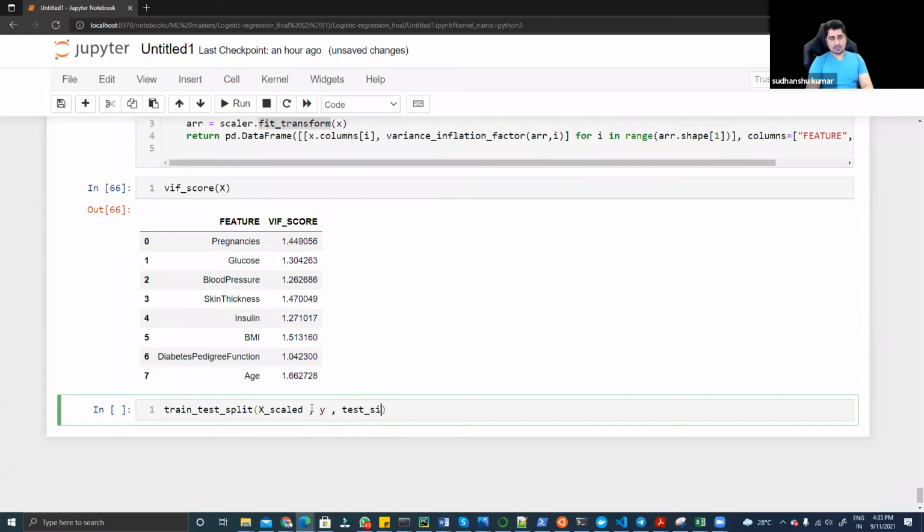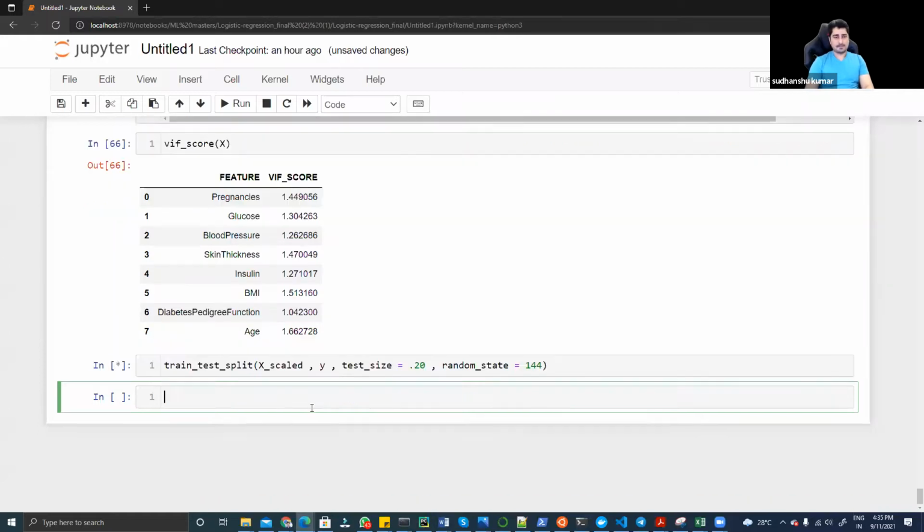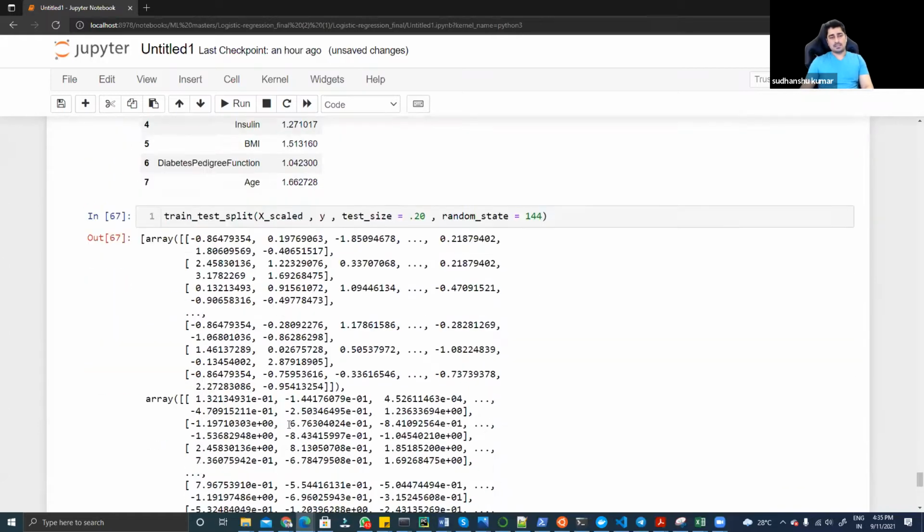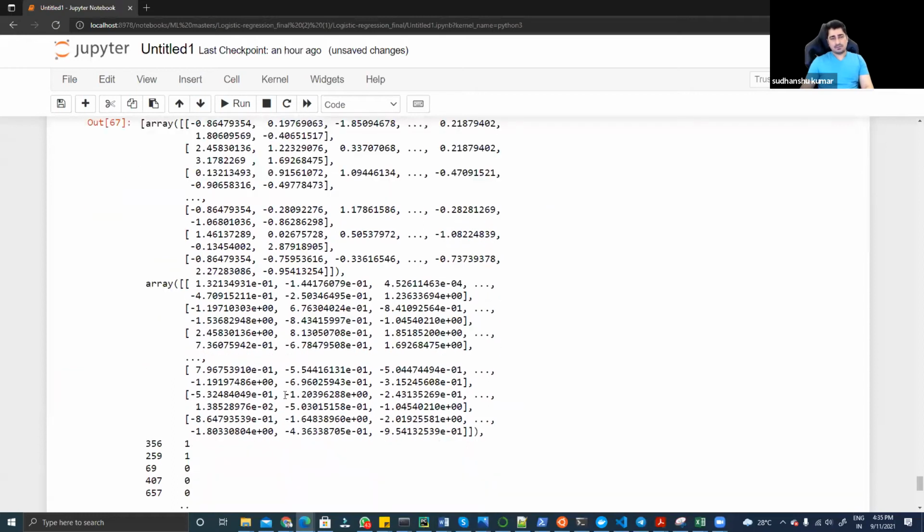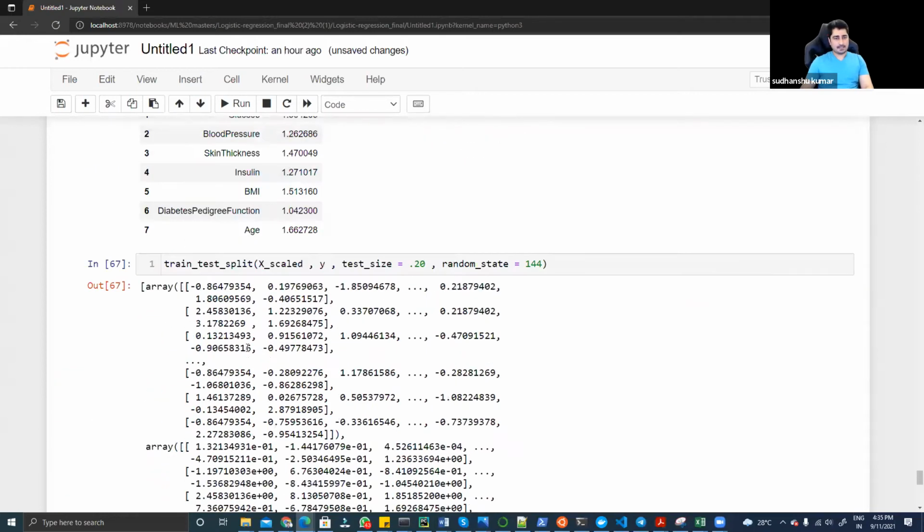Test size is equal to 0.20, and I'm going to keep random underscore state equal to some number, 144, let's suppose. Okay, so this is our train and test split of the data set.